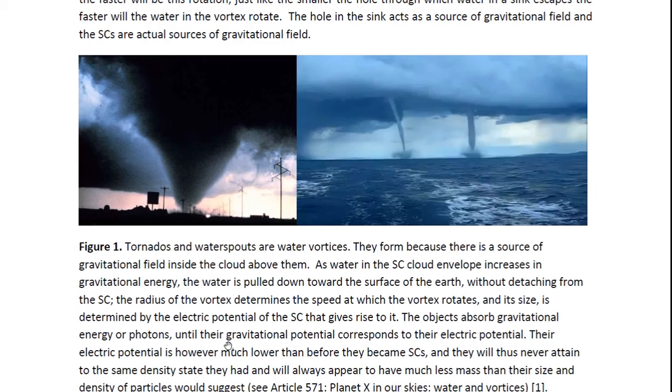The radius of the vortex determines the speed at which the vortex rotates. So the smaller the vortex, the higher the speed. And its size, so the radius of the vortex, is determined by the electric potential of the stellar core that gives rise to it. The objects absorb gravitational energy or photons until their gravitational potential corresponds to their electric potential.